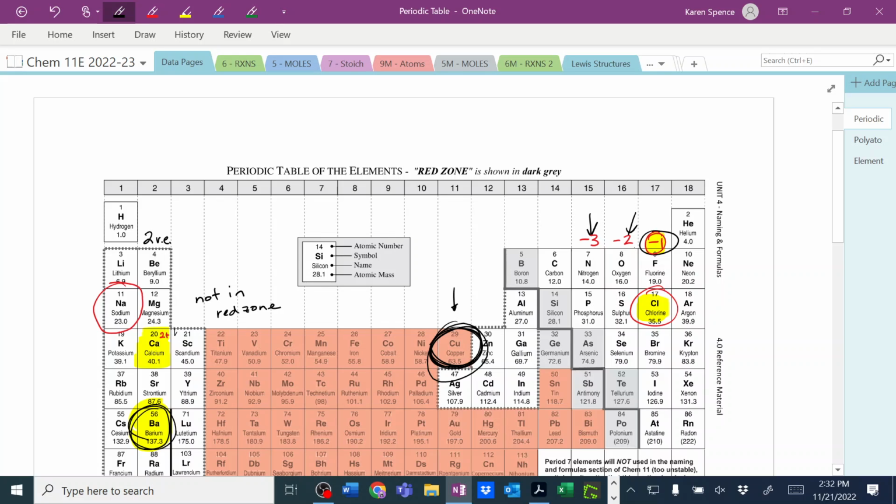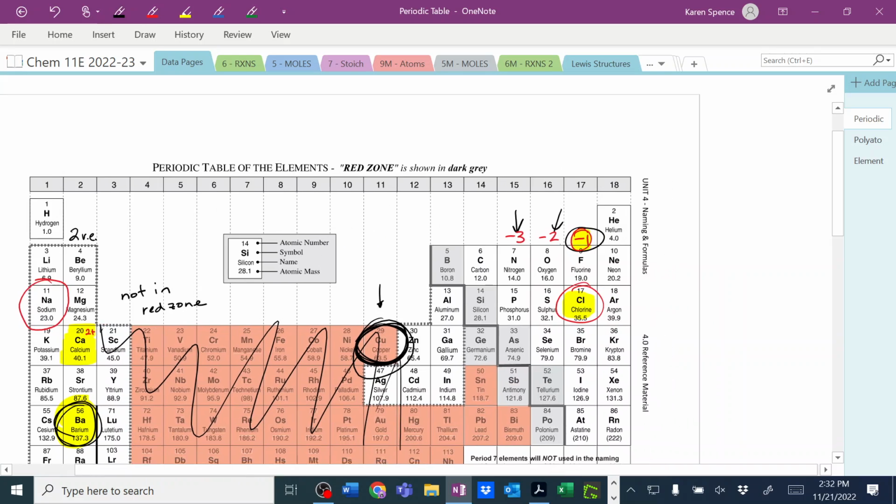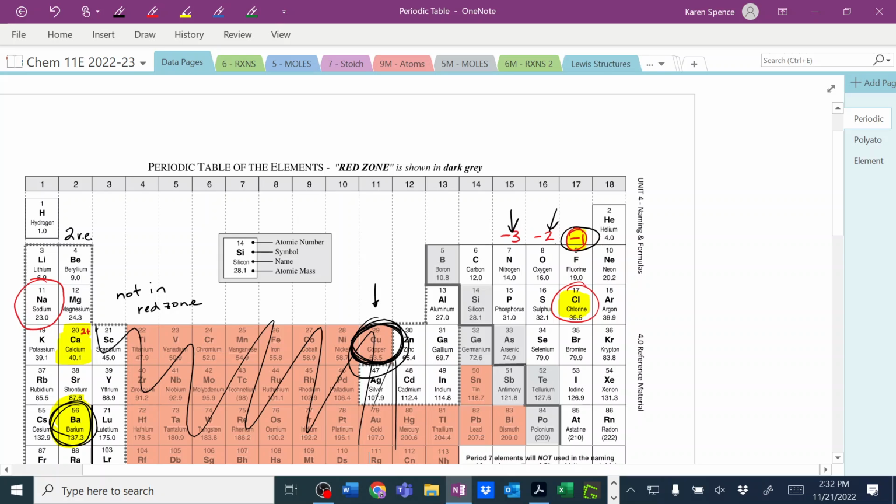No, so we're just going to ignore all the transition metals. How about group 13? How many valence electrons? 3, 14, 4, 15, 5, 16, 6, 17, 7, and 18 has technically 0, although we would draw 8 electrons on, say, a neon atom. Okay, all right.